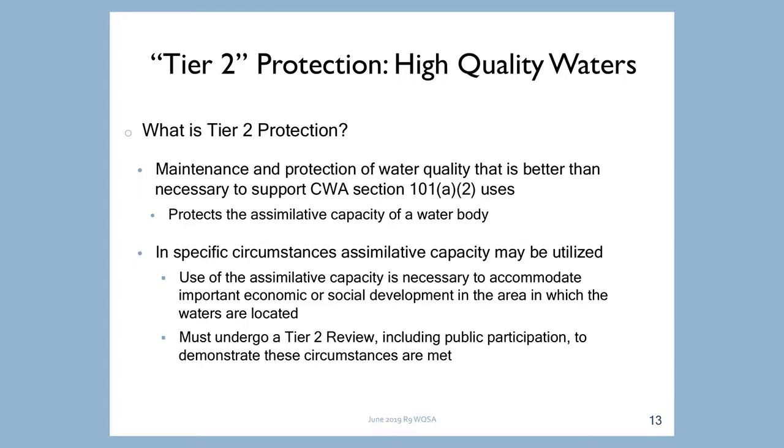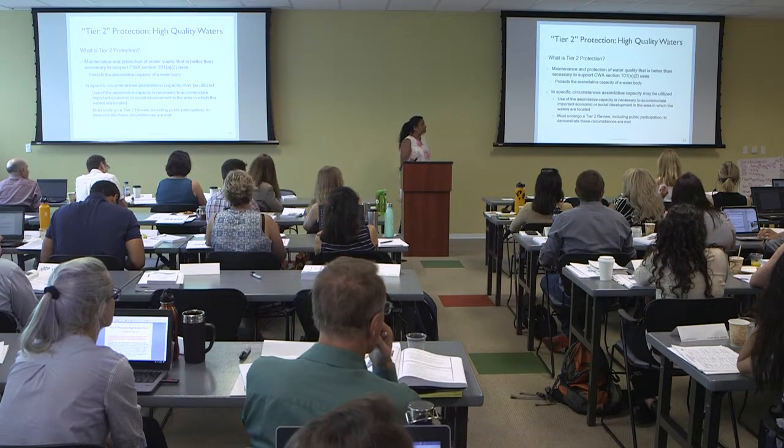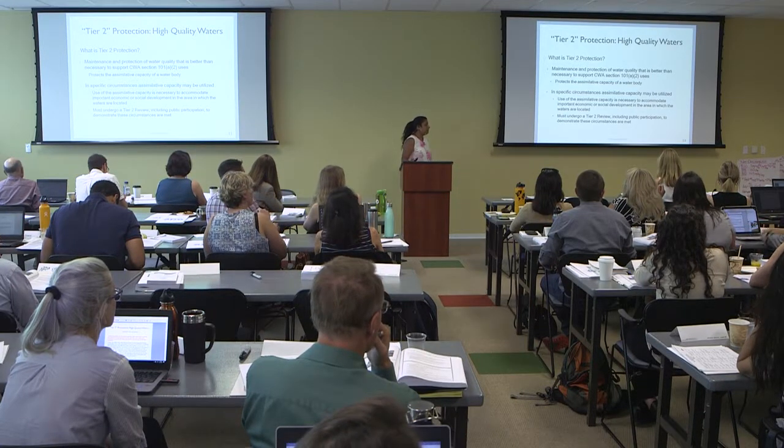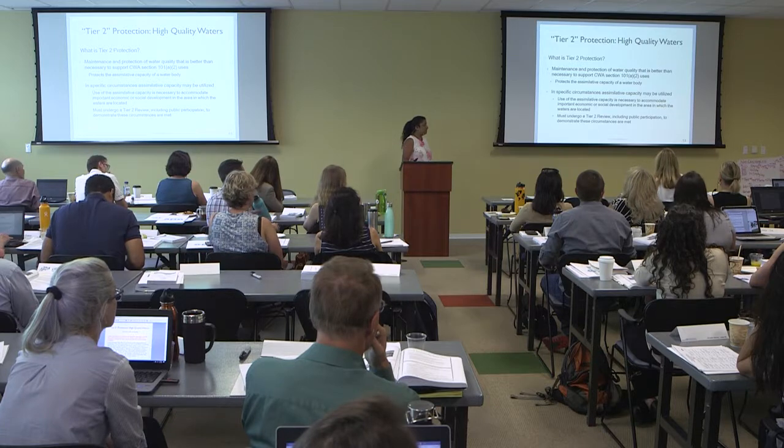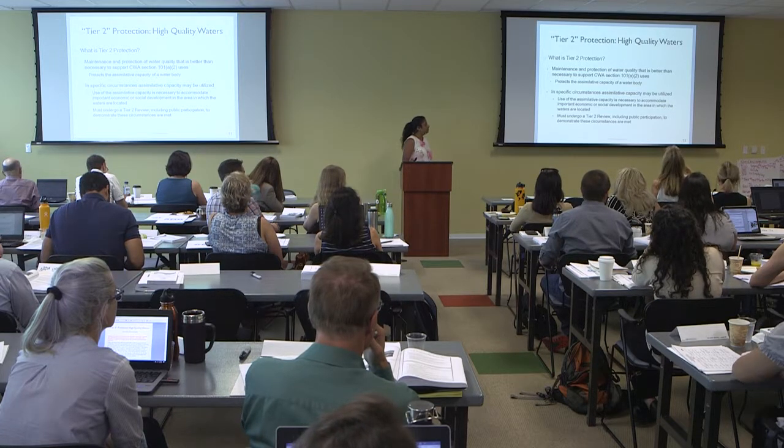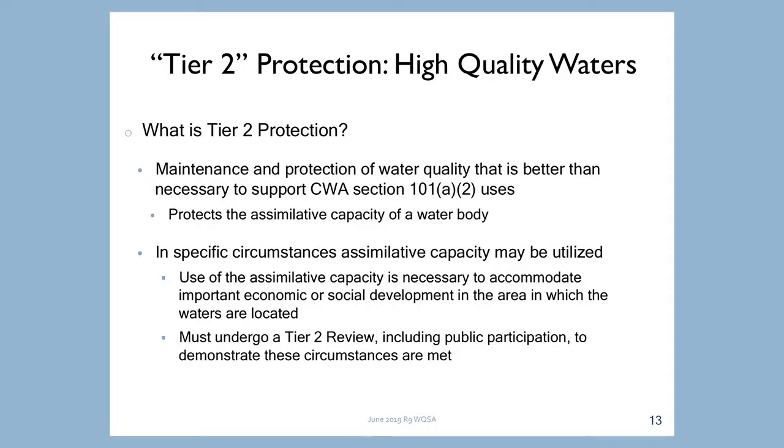What is an assimilative capacity? Does anybody want to try and describe what an assimilative capacity is? It's what the water body can handle in terms of pollutant load and still achieve the objectives or meet the beneficial uses. Yeah. We'll go through an example, a totally fictitious one.